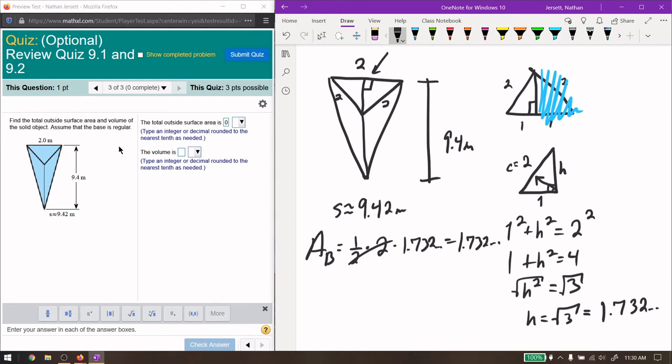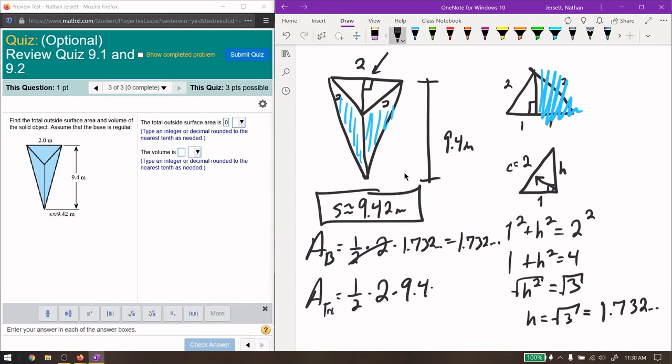Now we need to find the area of these side triangles. And there's 3 of them, and they're all the same. All of these blue parts are the exact same. It's going to be 1/2 the base, which is again 2, times the height, which is now the slant height. Slant height is 9.42.